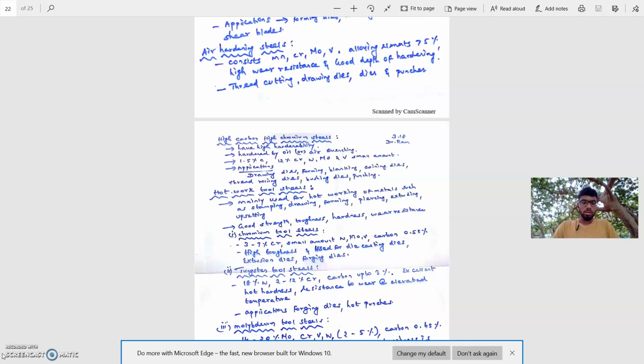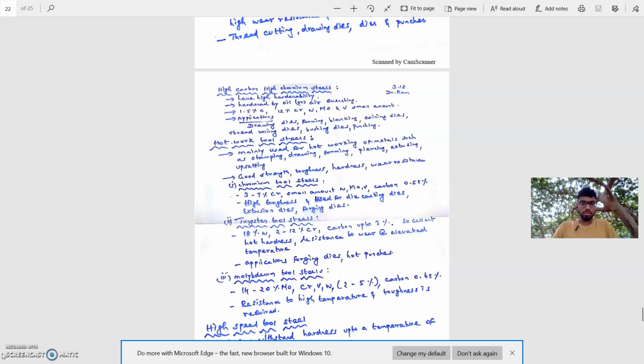The next type of tool steels are hot work tool steels. They are mainly used for hot working operations such as stamping, drawing, forming, planing, extruding, upsetting. They have very good strength, toughness, hardness, and wear resistance. They are classified into three types: chromium tool steels, tungsten tool steels, molybdenum tool steels.